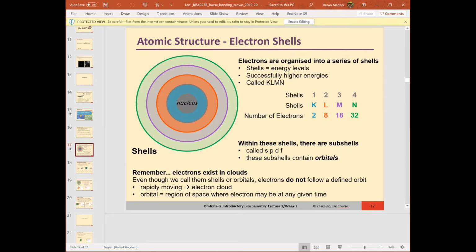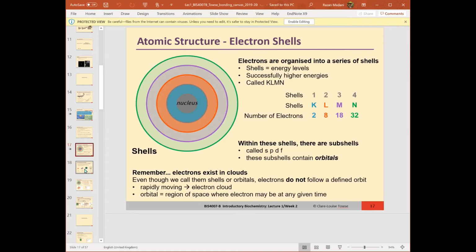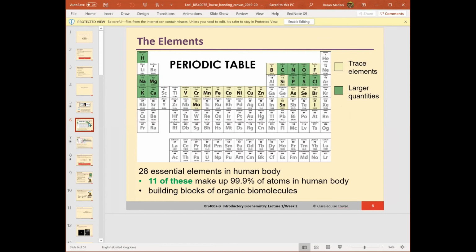Okay. And you know how to write the electron configuration if I gave you an atom right now? For example, can you guys write me the electron configuration for magnesium? As a practice, can you start doing that?